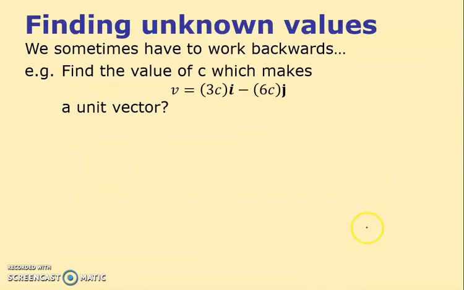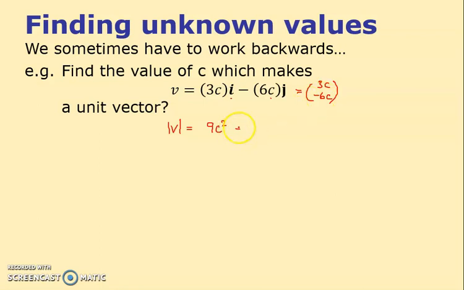Find an unknown value. Sometimes these work better backwards. So find the value of C, which makes this a unit vector. Well, I do the same thing. I say the magnitude of this is, notice it's in i's and j's. It's perhaps better if I wrote that 3c, minus 6c, because i's and j's sometimes confuse people. So anyway, I square it, which is 9c squared.